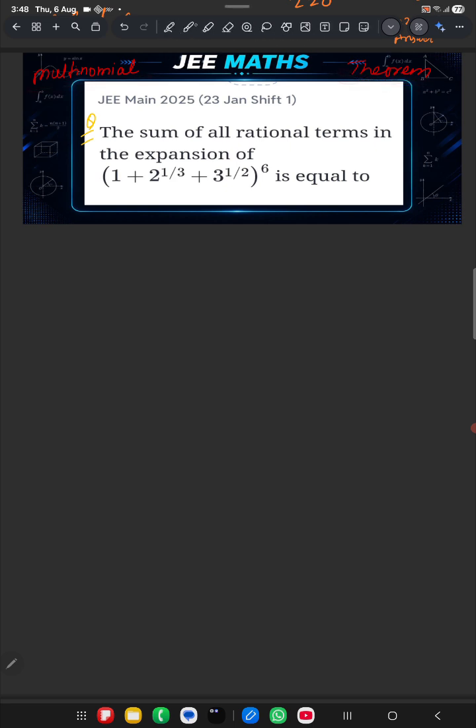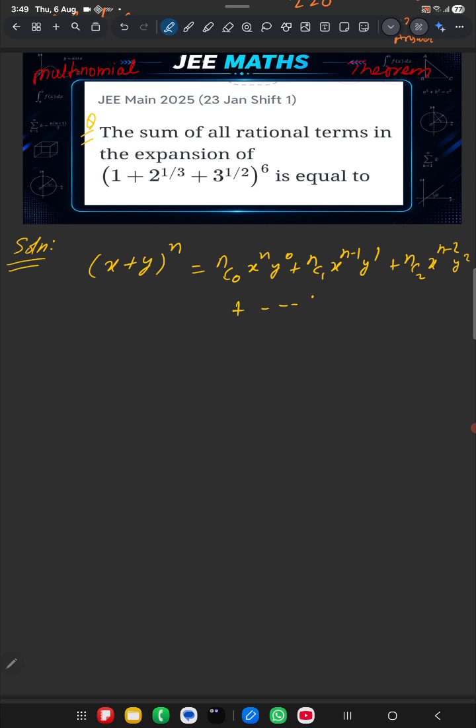Now you are already aware of the binomial theorem, which is like this. If you want to recall it, it can be written as nC0 x^n y^0 + nC1 x^(n-1) y^1 + nC2 x^(n-2) y^2 + ... + nCn x^0 y^n.